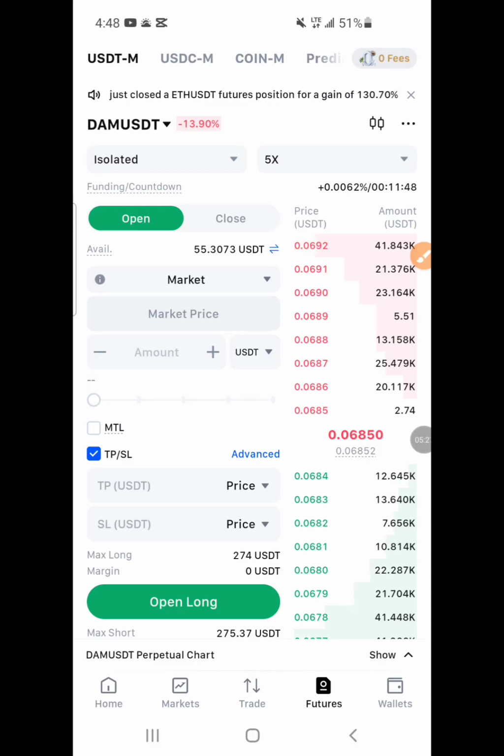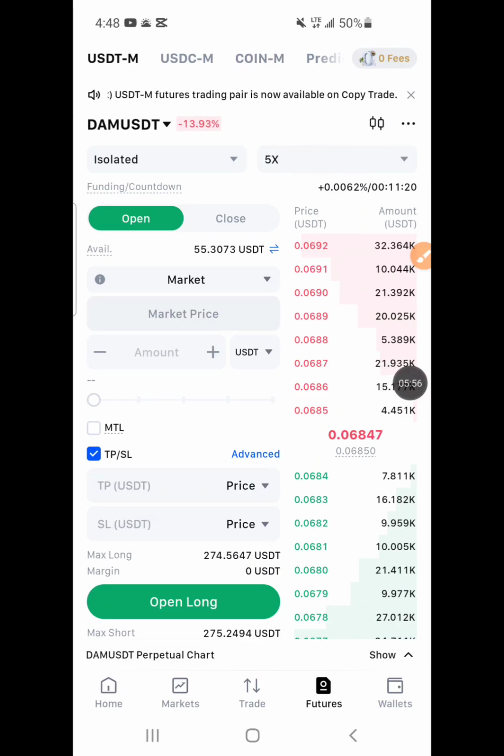Let's say you entered with $10 and then you longed the trade. If the market, let's say it is this DAM USDT, if it appreciates by 1%, you are going to make 5%. And then if it depreciates by 1%, you are going to lose 5% of your capital. So that is why you have to be very, very careful whenever you are putting your leverage.